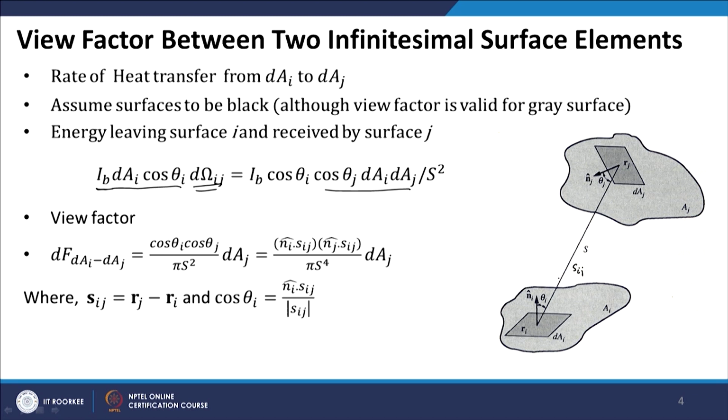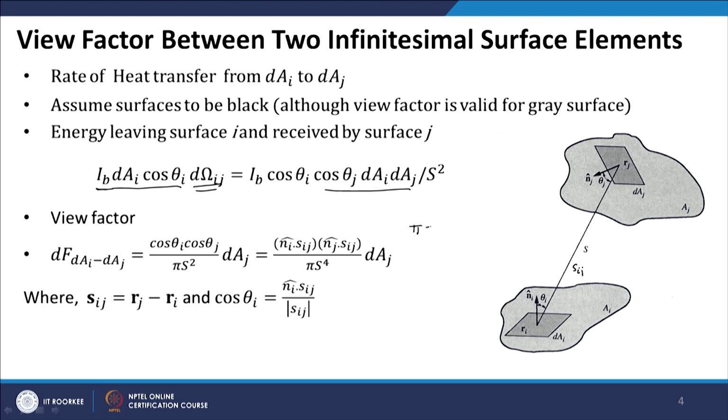So, the view factor is basically defined as amount of energy that is emitted and received by surface j divided by total amount of energy emitted by surface AI. So, total amount of energy emitted is equal to pi times IB dAI.